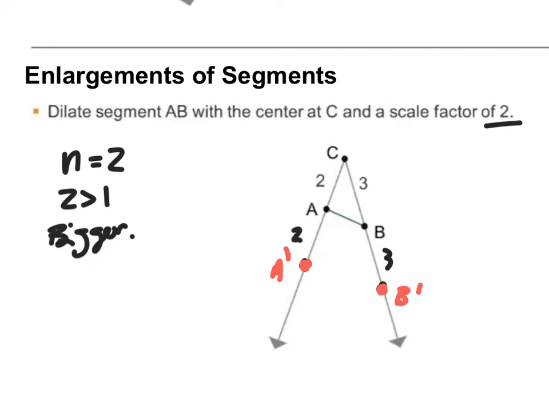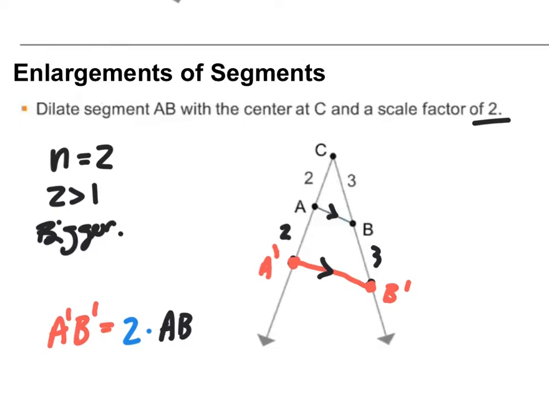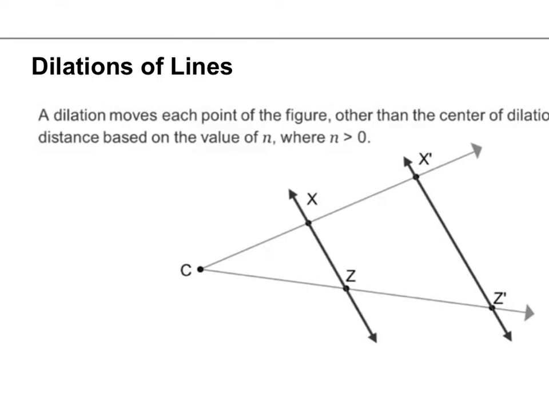A prime B prime is twice as big as AB, and I also know that these are parallel. So I can say that segment A prime B prime is equal to 2 times segment AB.